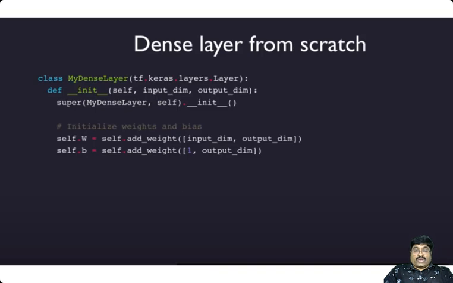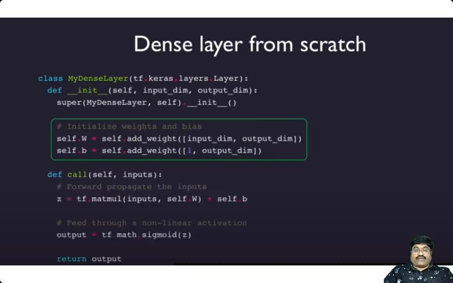So we have our actual weight vector, which is W, and we also have our bias vector. Both of these parameters are governed by the output space. So depending on how many neurons you have in that output layer, that will govern the size of each of those weight and bias vectors. What we can do then is simply define that forward propagation of information. So here I'm showing you the call function in TensorFlow.